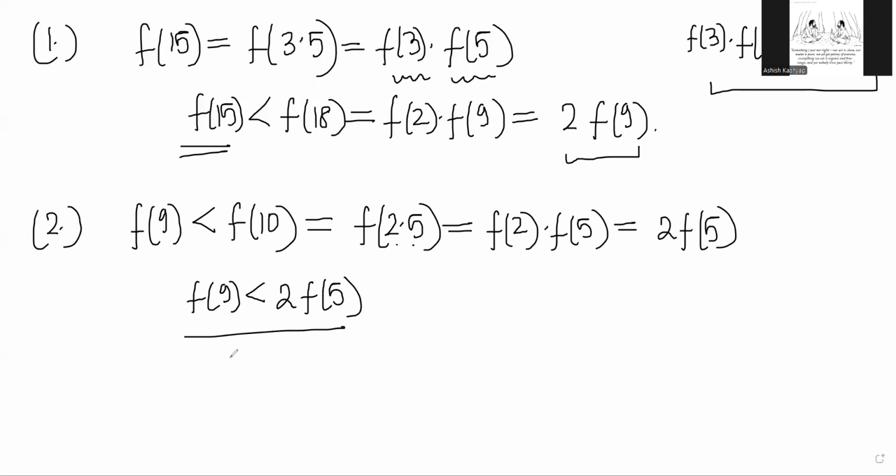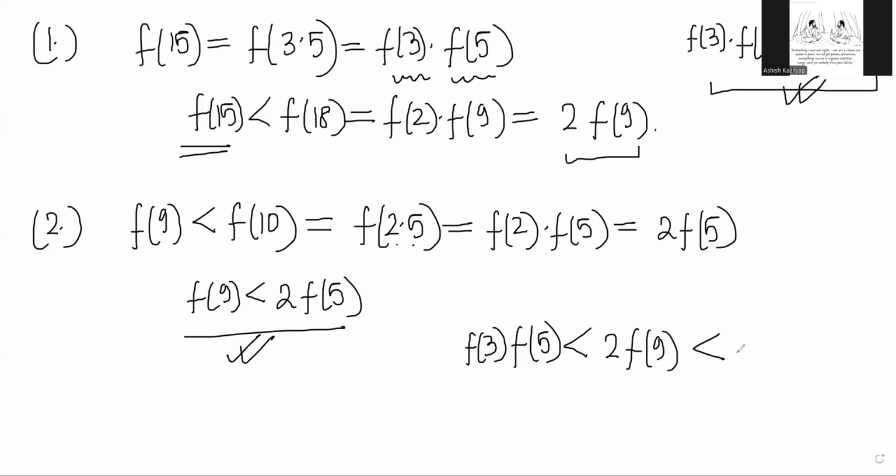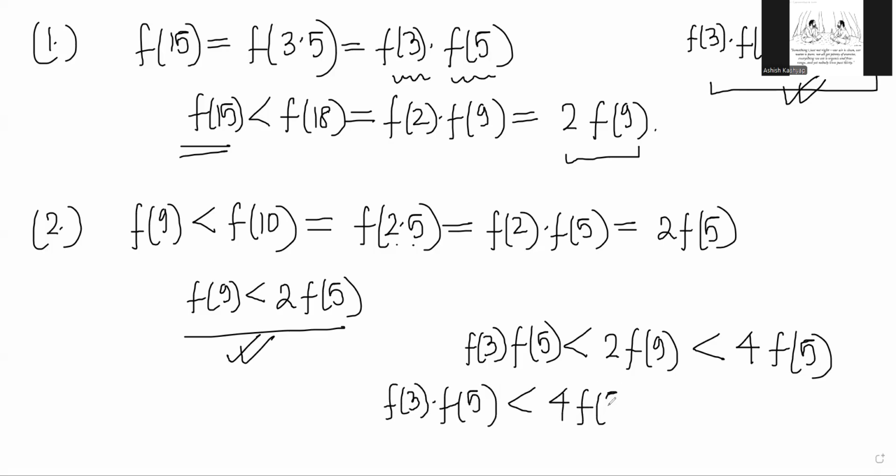Now, combining this inequality with this inequality, we get f of 3, f of 5 is less than 2 f of 9, and 2 f of 9 will be less than 4 f of 5. So we are getting f of 3 times f of 5 is less than 4 times f of 5.